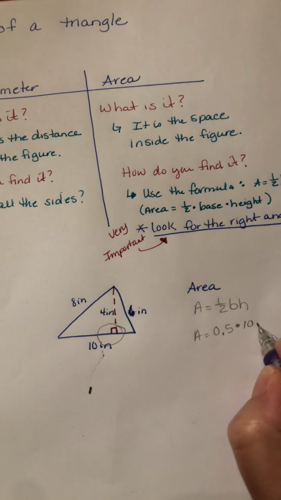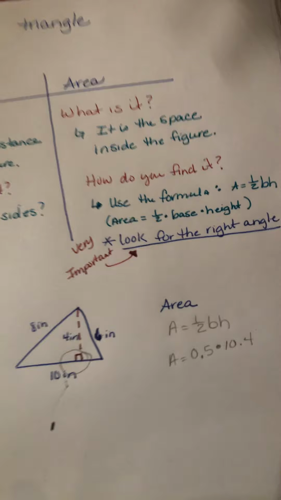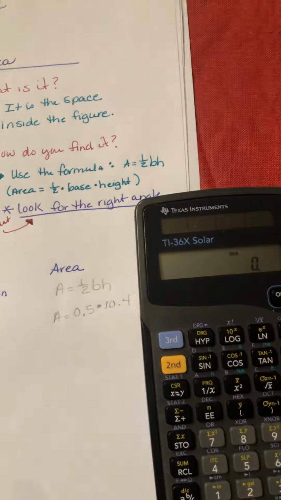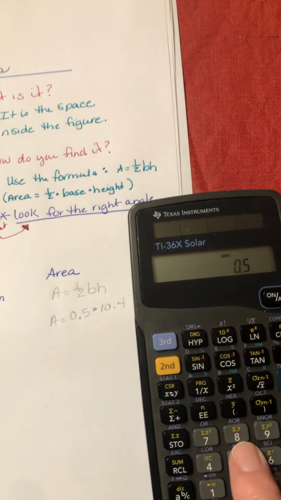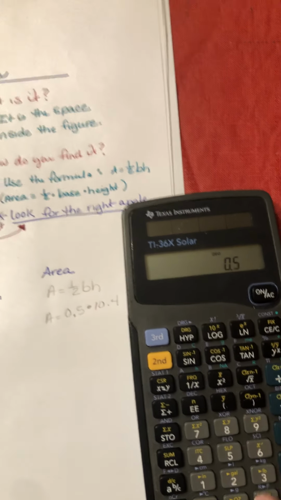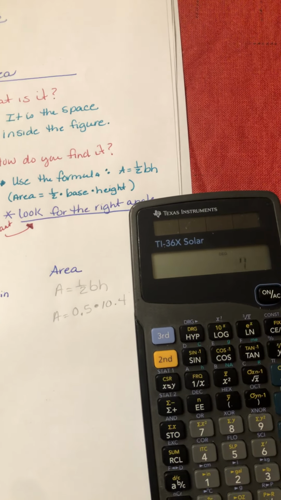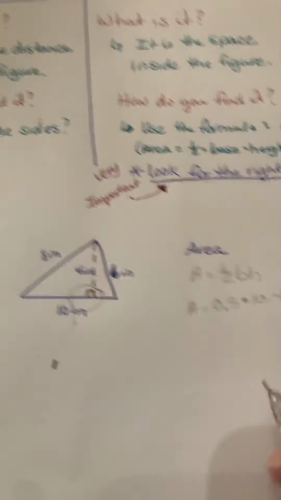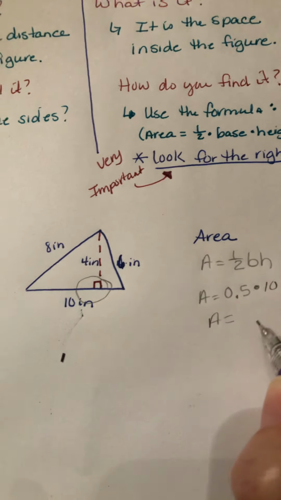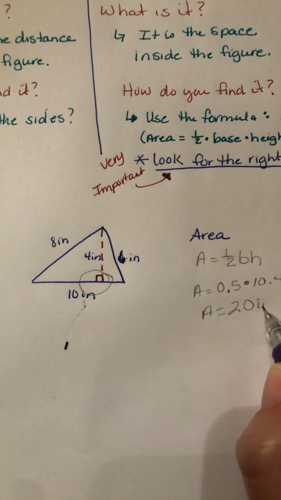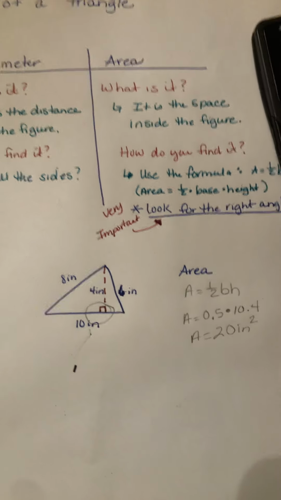So that's 10 times 4. Now you can just take your calculator. Mine's a little different, but that's okay. 0.5 times 10 times 4 equals, and it's 20. So the area, the inside, is 20 inches squared.